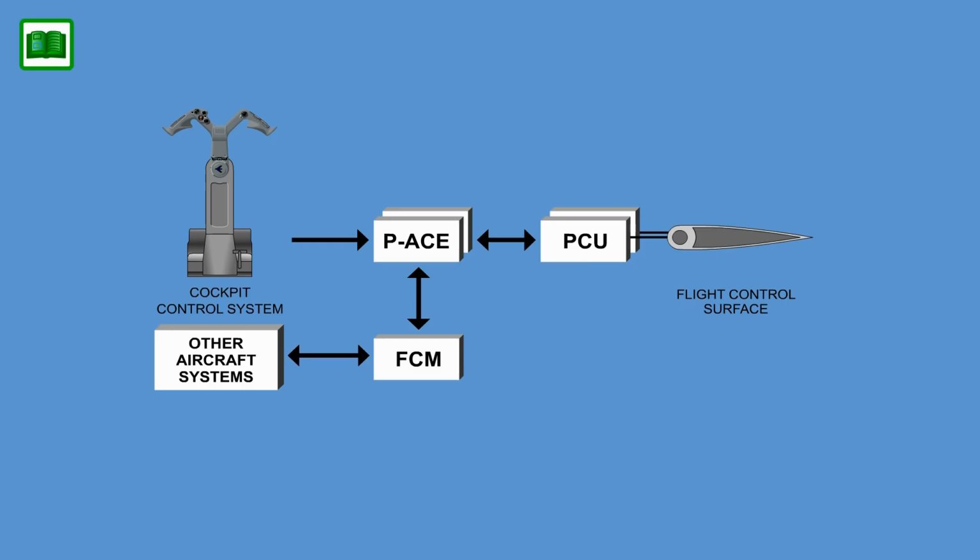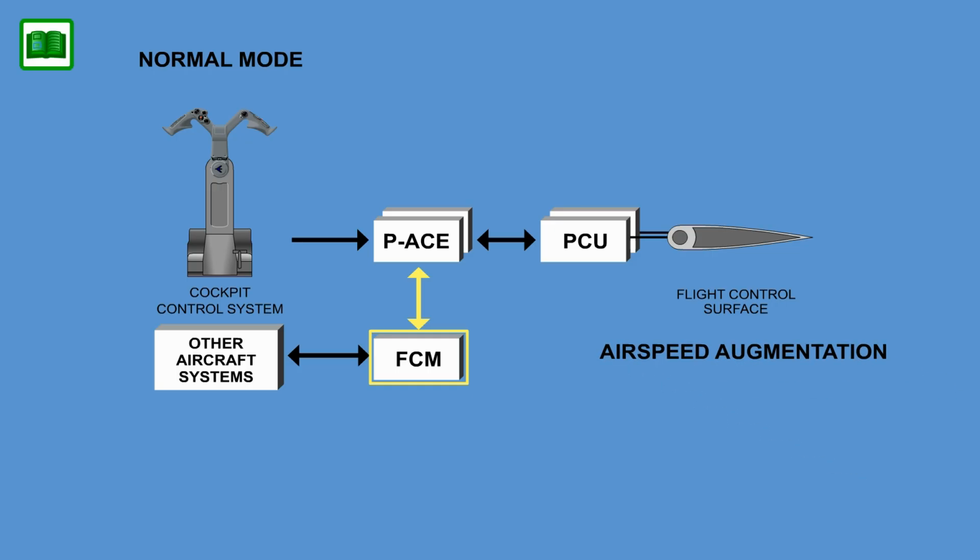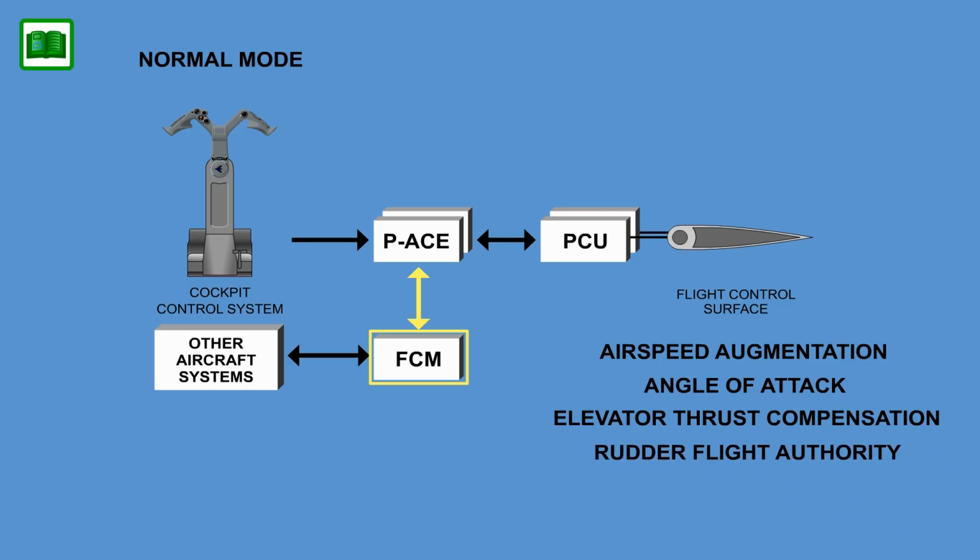The flight control system electronics provide two basic modes of operation. In the normal mode, the FCM provides software-based airspeed gain schedules and control limits to the primary ACE, as well as high-level functions such as airspeed augmentation, angle of attack, elevator thrust compensation, rudder flight authority, and yaw damper turn coordination.